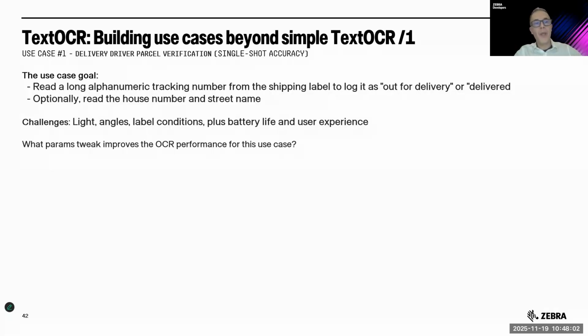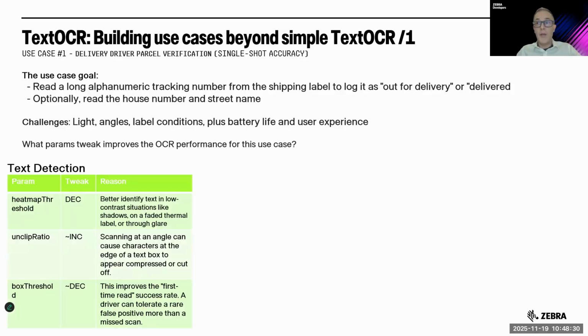A delivery driver has to frame a tracking number, and optionally read the house number and the street name. The challenges of such a use case are the type of light, glare, angles of different types, label conditions that can be faded, and so on.